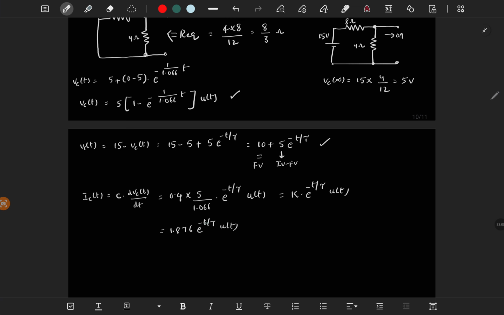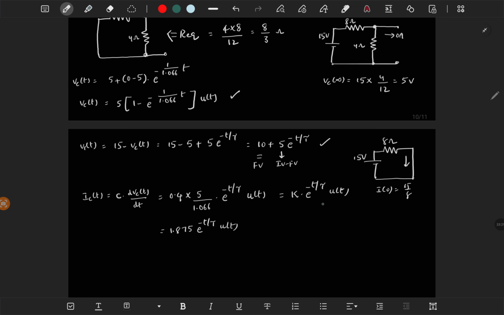For t equal to 0, we have only this circuit, which is short circuited. So this is 15 volt and this is 8 ohms. So I of 0 is 15 by 8, which is 1.875. So yes, it is approximately the same.